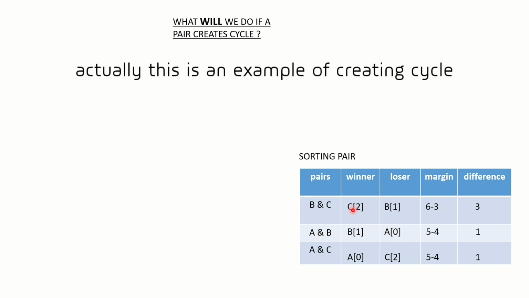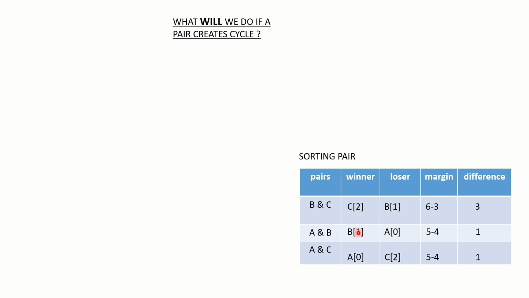Let's see: C to B, B to A, and then A to C. The initial point and the final point are identical, so it will create a cycle and we will see how to avoid it. So the first one is C to B, the second one is B to A, the third one is A to C.